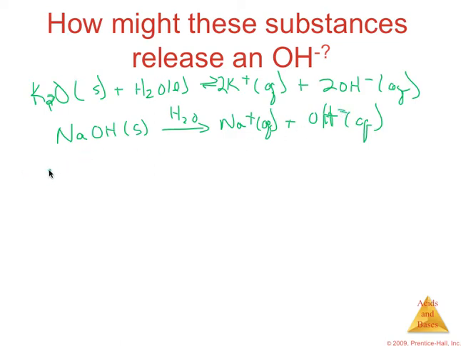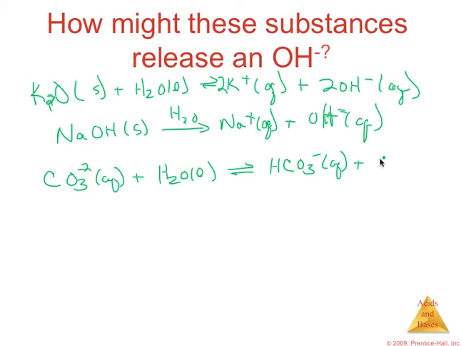Okay, taking a closer look at the soluble carbonates. I have the carbonate, let's say -2, and water in solution. This will set up the reaction where I end up with the hydrogen carbonate and the hydroxide ion.